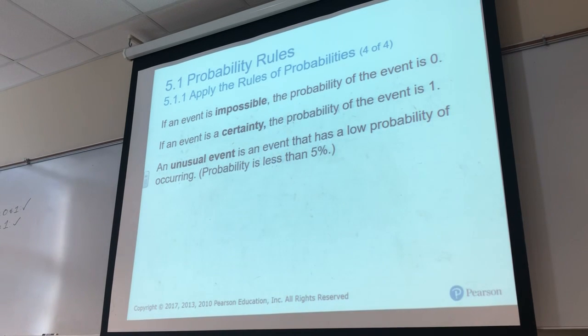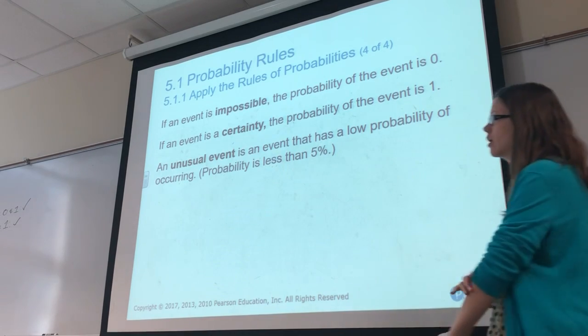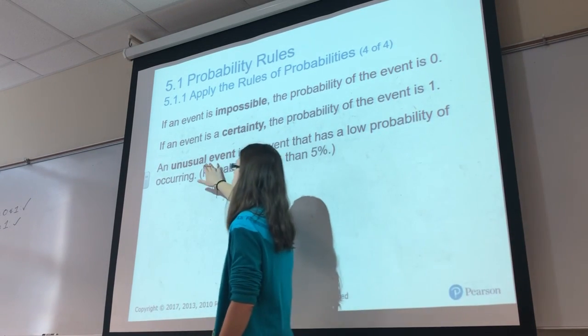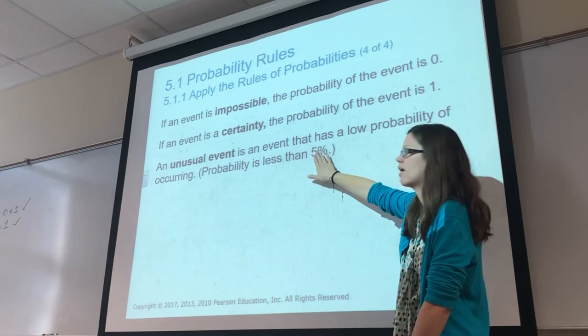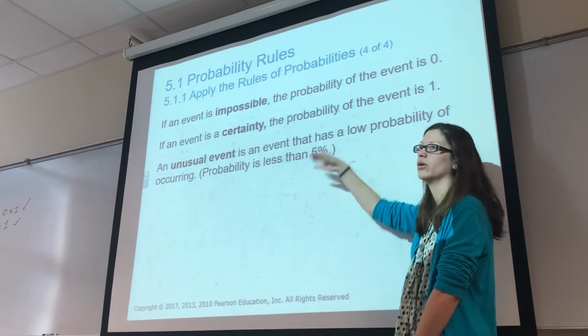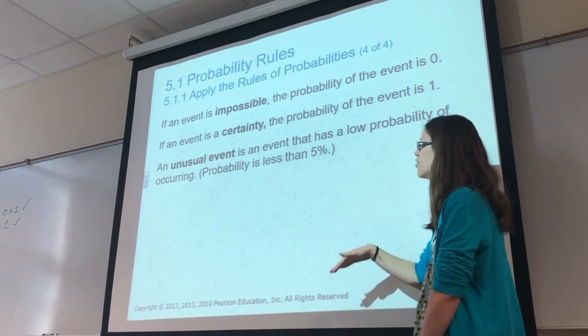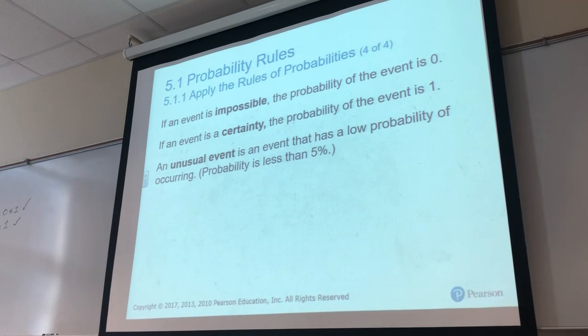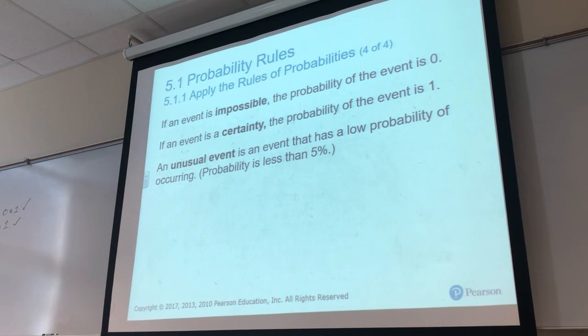It's not very likely, but the term unusual is reserved only for a probability less than 5%. If it's 4.9%, we'll say it's unusual. It's not an opinion; it's whether it clears this 5% cutoff point or not. Less than 5% is unusual. More than 5% could be not very likely, but we're not going to use the term unusual.